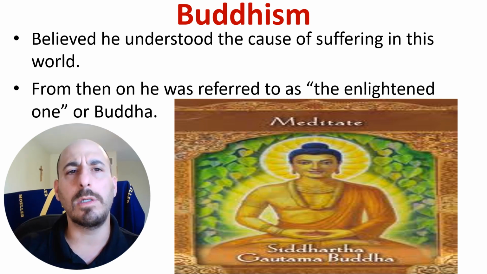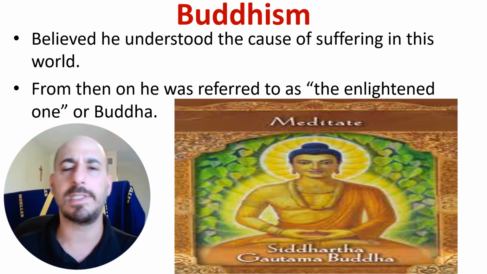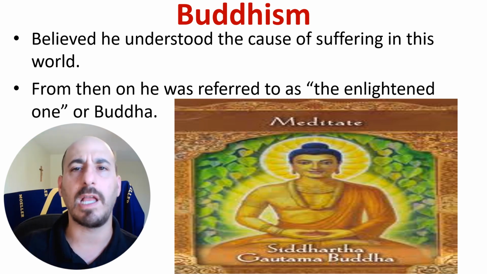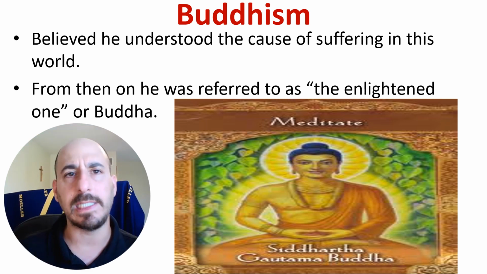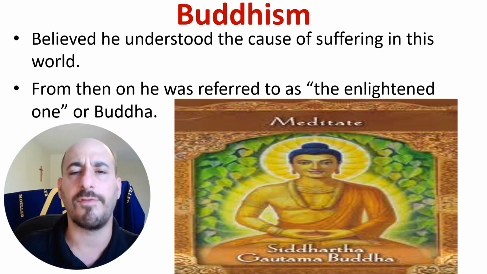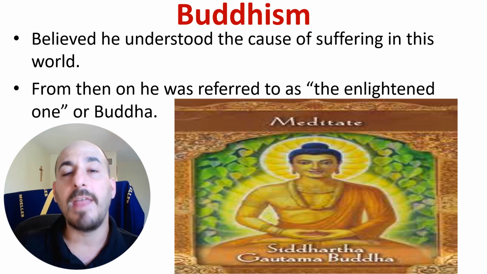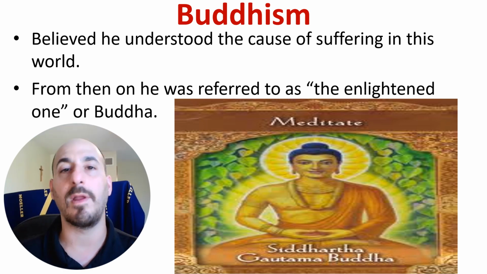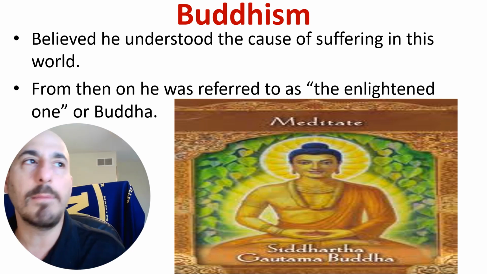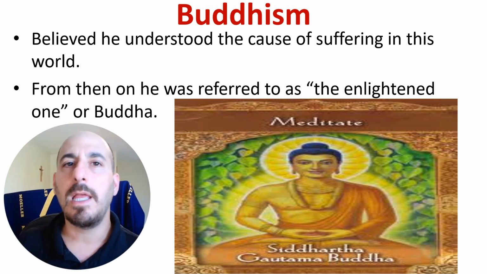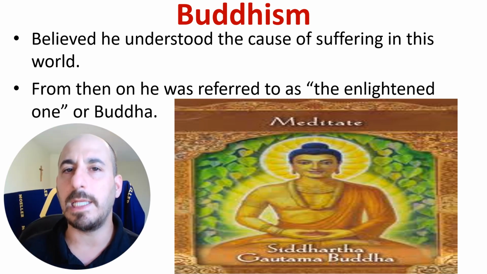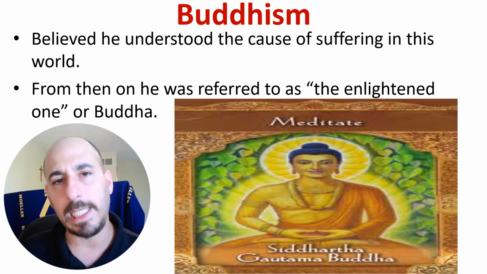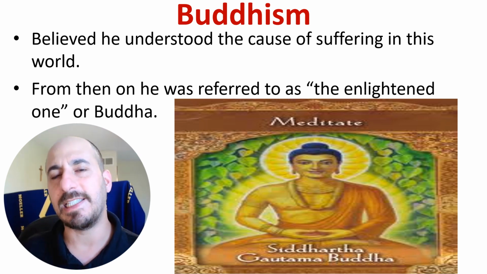Okay, so he believed that he understood over time, because he's wandering for 6 years, where suffering comes from, and then he has insight into suffering that is valuable. And the people around Siddhartha also find what he's saying and doing very valuable, so they start to come to him. Now, the thing is, Buddha is not his name. Buddha is a title.